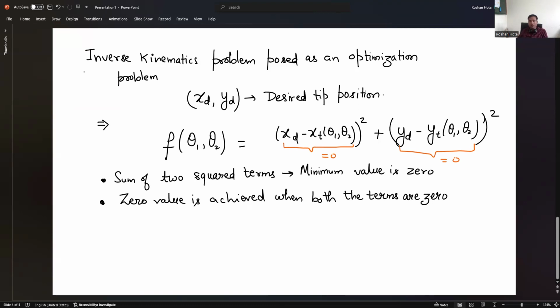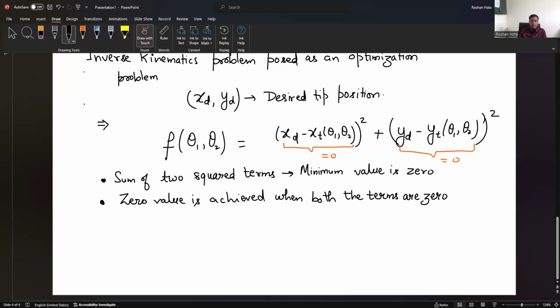So the objective function has the minimum value of 0, and this 0 value is achieved only when both the terms that we have defined in the objective function become 0.